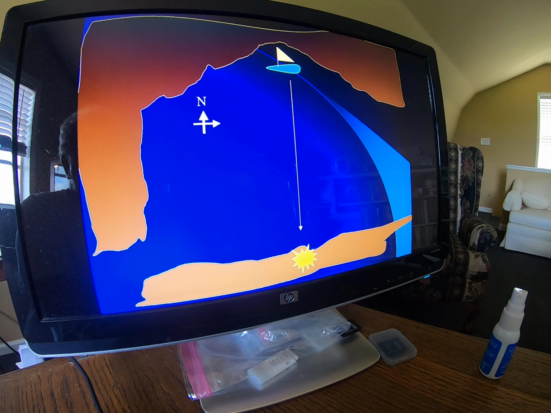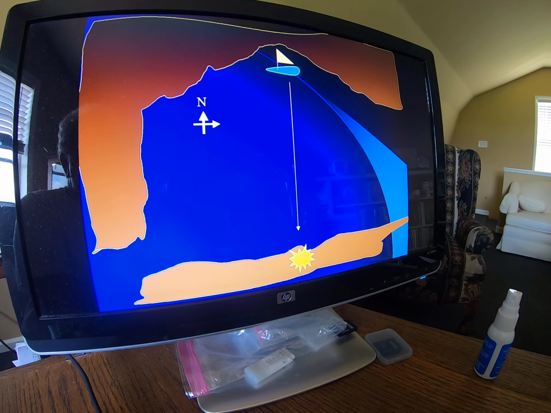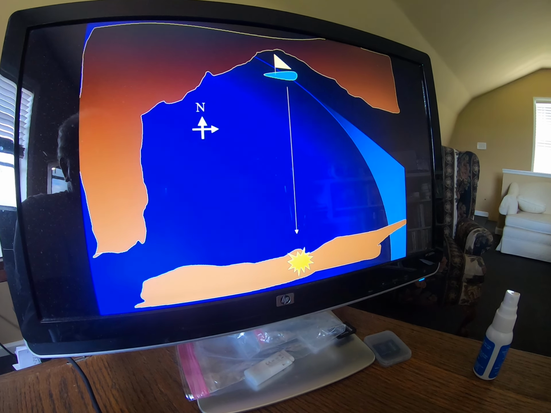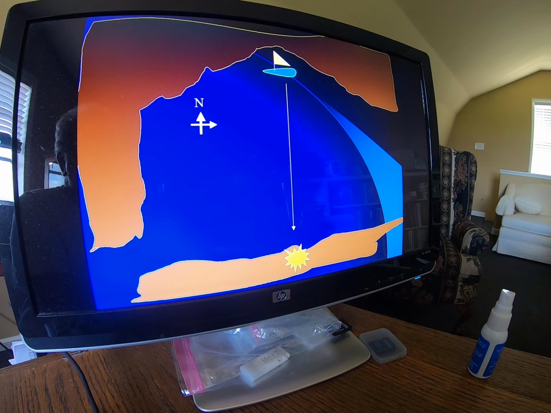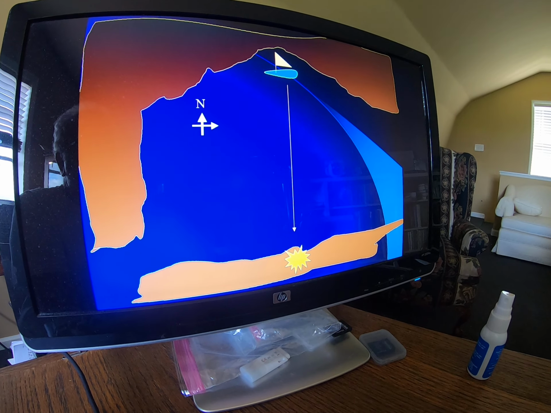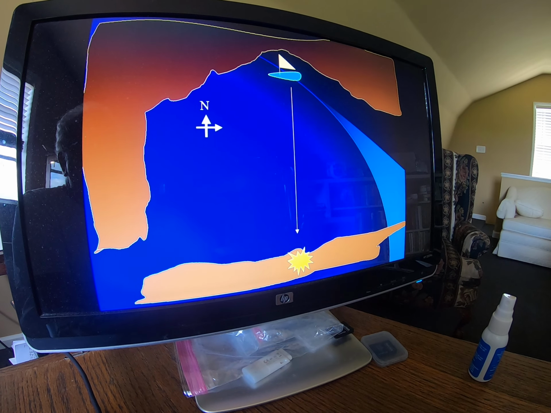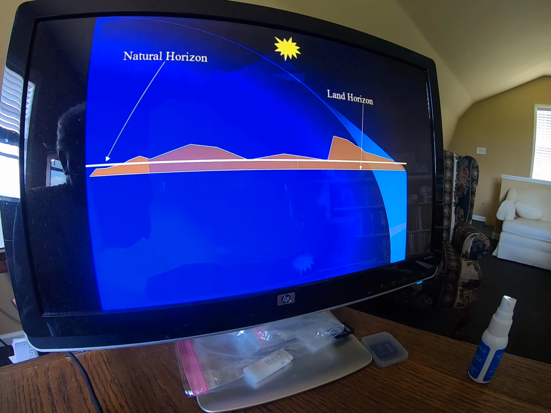Okay, here we are in a bay, and we're going to shoot the sun down to the south there, and we've got land, so we do not see the natural horizon. We've got that land in the way, but we can still do it with just subtracting a correction.